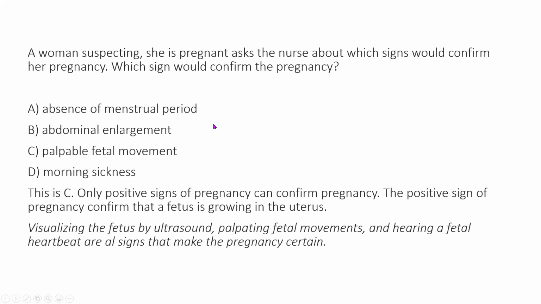This is going to be C. Only positive signs of pregnancy can confirm pregnancy. The positive sign of pregnancy confirmed is that a fetus is growing in the uterus. Visualizing the fetus by ultrasound, also palpating and hearing a fetal heartbeat, are signs that make the pregnancy certain. Okay, very good.